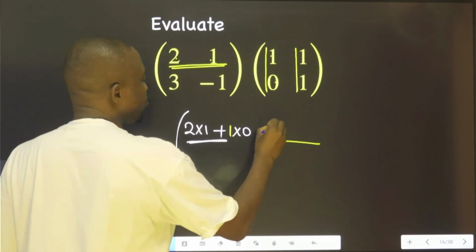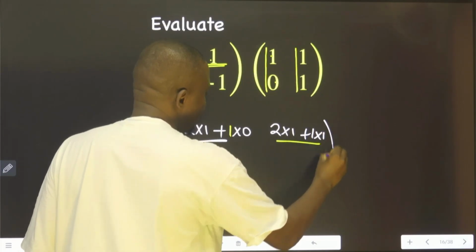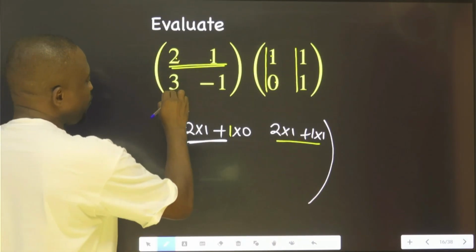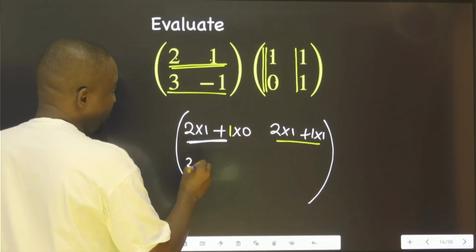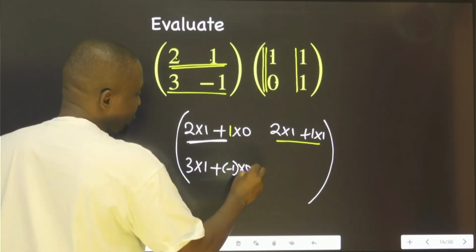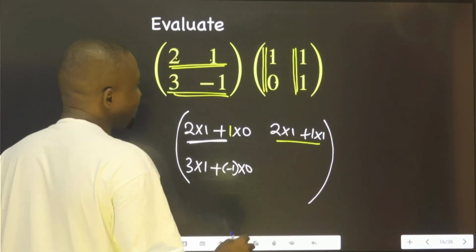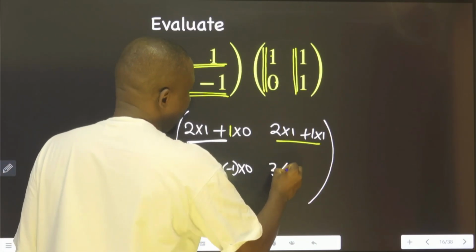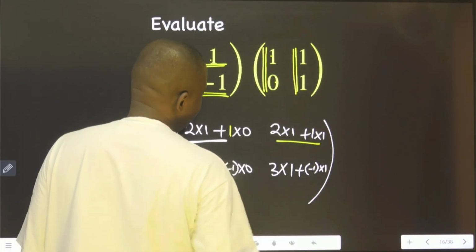That is to say, 2 multiplied by 1 plus 1 multiplied by 1. Okay? Then this multiplied by this, that is 3 multiplied by 1 plus minus 1 multiplied by 0. Then this multiplied by this again, that is 3 multiplied by 1 plus minus 1 multiplied by 1.